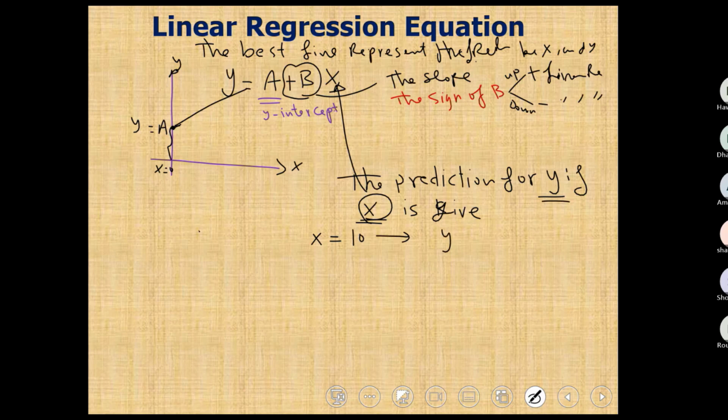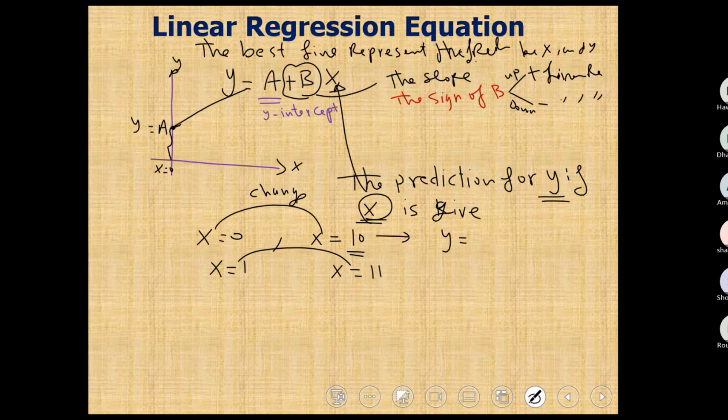I can put X equal to 0 and X equal to 10, and I see the difference of Y when X changes by 10, right? So I can find X equal to 1 and X equal to 11. The same, because the change from 1 to 11 is 10, okay? So this is the use of the linear regression equation, right?